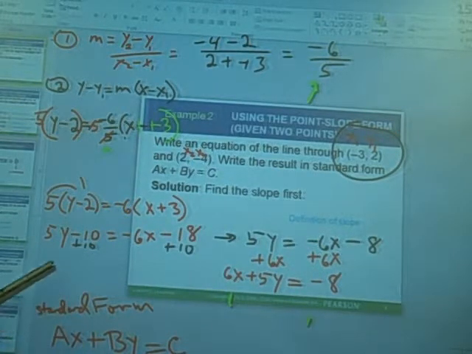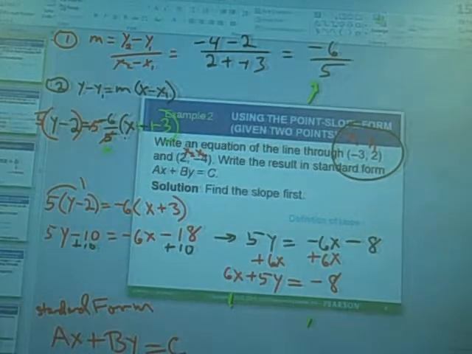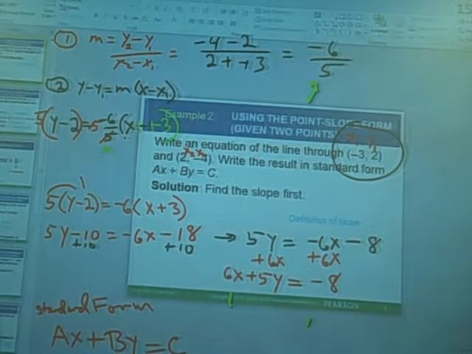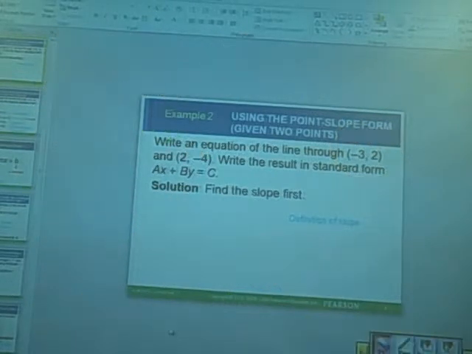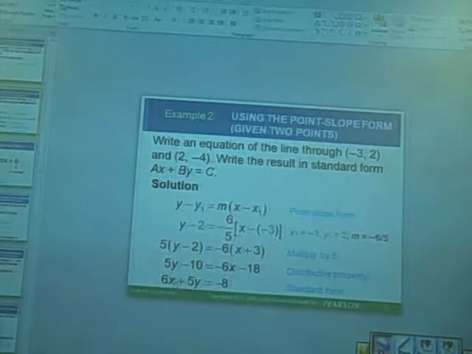A lot of textbooks want it in slope-intercept form, but this one wants it in standard form, so we'll do that. Okay? Alright, questions there? Alright, so that's your answer, 6x plus 5y equals negative 8.